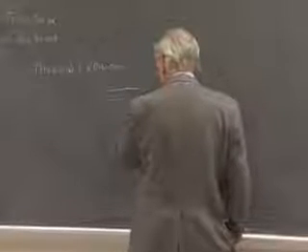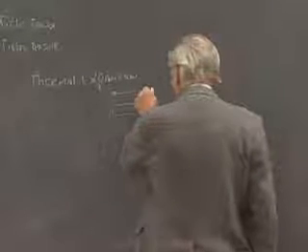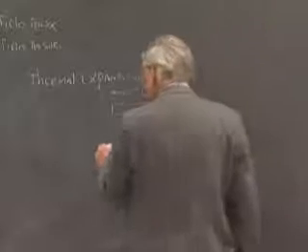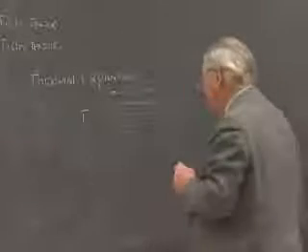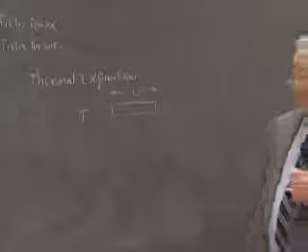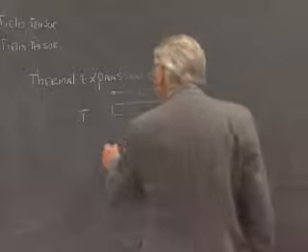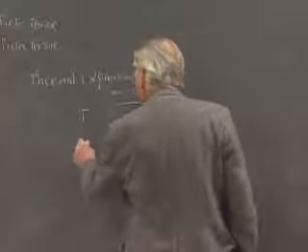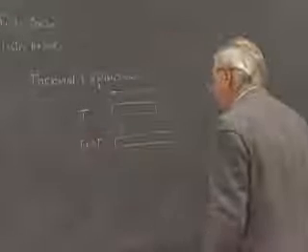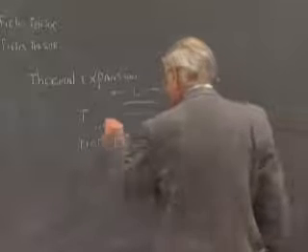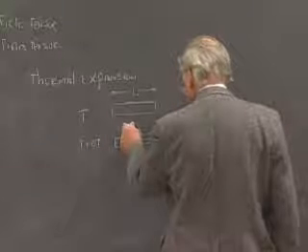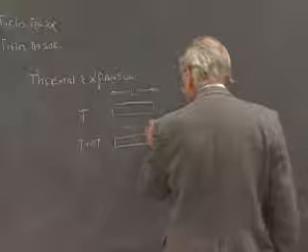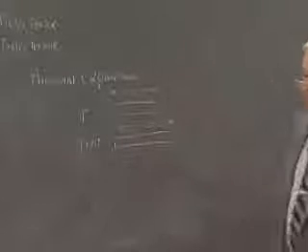Let's suppose we have a rod-like specimen of length L, and let's suppose it is in equilibrium at some temperature T. And then we heat it up to some temperature T plus delta T. In response to that particular change in temperature, the length of the rod will increase to a length L plus delta L. It expands.